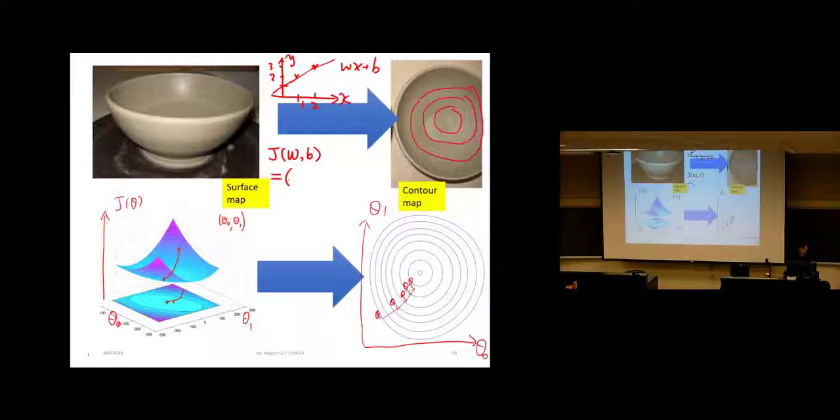With two points, it is (w plus b minus 2) quadratic, plus (2w plus b minus 3) quadratic.